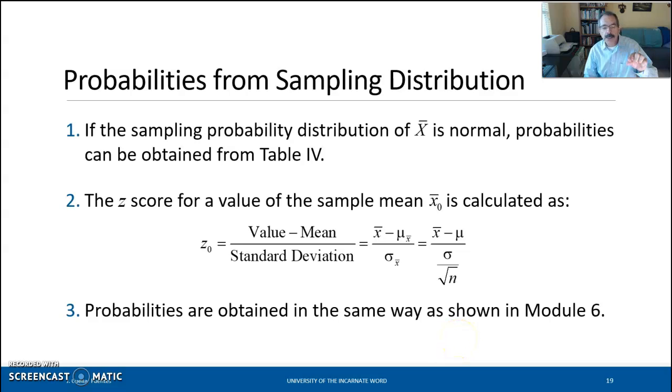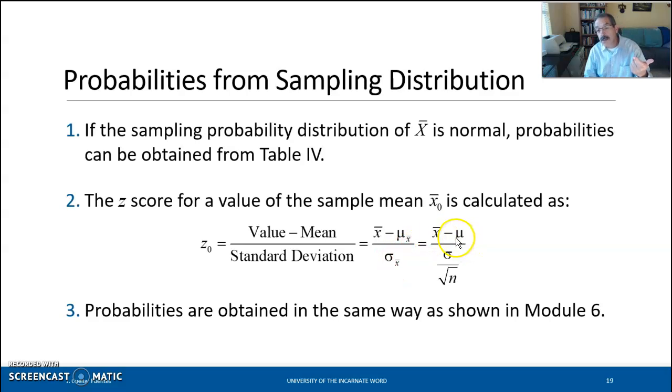However, in order to change an average into a z-score, we need to redefine how we calculate the z-score, because this is the original formula that we saw in chapter 6. It's the value minus the population mean divided by the standard deviation. But now we're dealing with the sampling distribution, so the mean of the sampling distribution is mu x bar, and the standard deviation is sigma x bar.